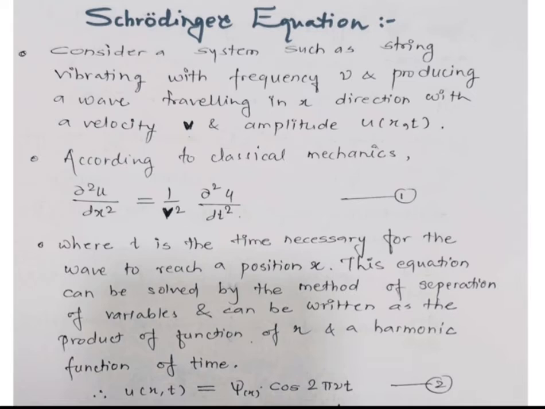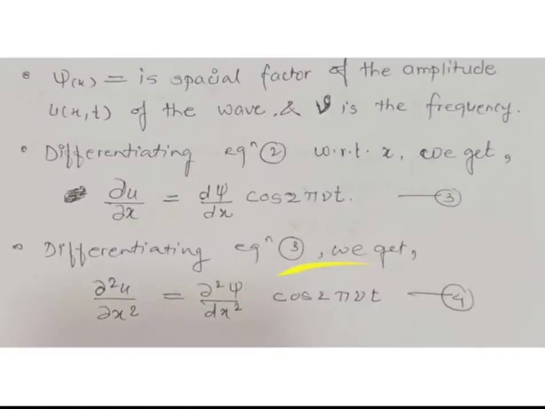Here nu is the frequency, t is the time and pi is the constant term. So simply, the amplitude in direction x and in time t is equal to the wave function into cos 2 pi nu t. This is our equation 2 for the amplitude.